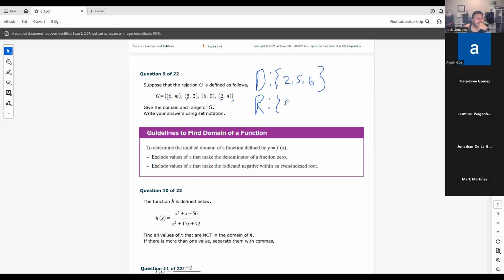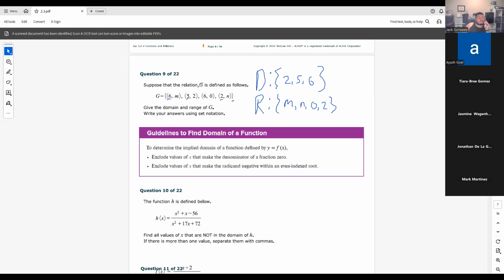Yeah, we got m, n, 0, 2. Order doesn't matter, just writing them down. Nothing repeated, so that's it. So that's what they mean by domain and range.